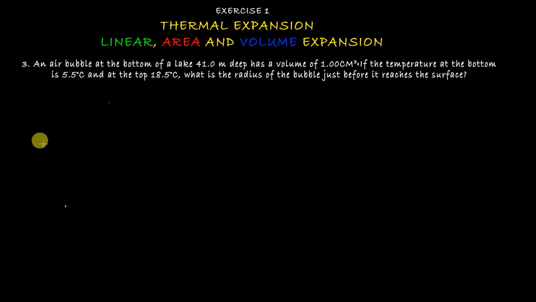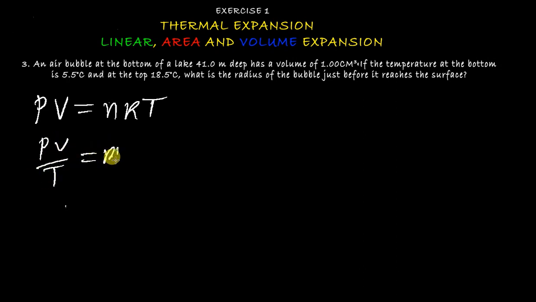So this one I wanted you to study further before we start the next topic, which is the ideal gas law. We use the ideal gas law to solve this. We know that PV is equal to nRT. I'm sure you did this in secondary school. So PV over T is equal to nR, and nR is just a constant.